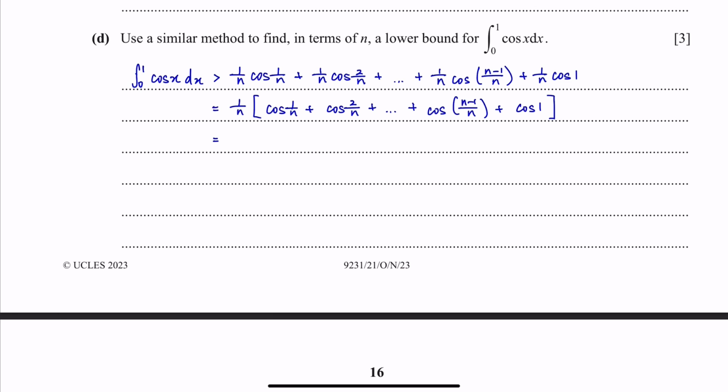So we get 1 over n times this thing minus 1 plus cos 1. Don't forget about this cos 1, yeah?